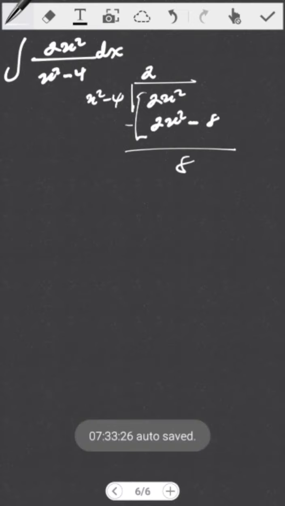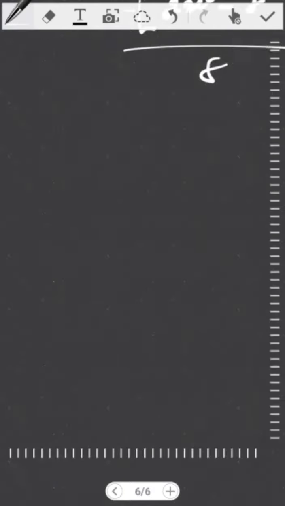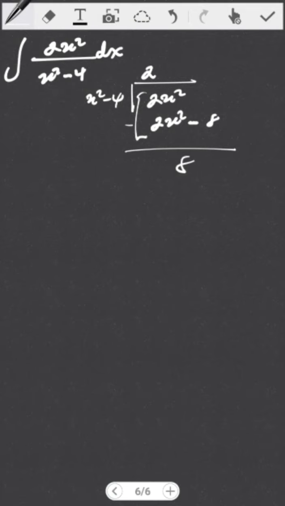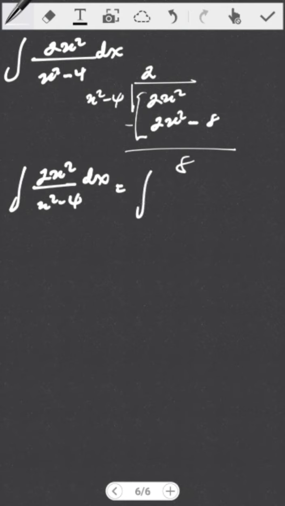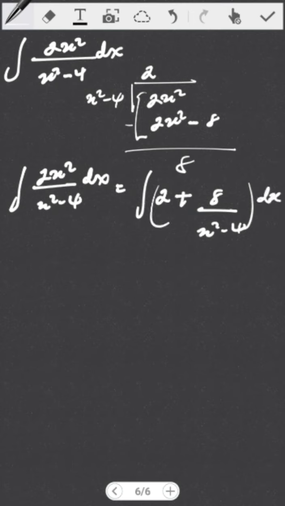So the integral of 2x squared all over x squared minus 4 dx is the same as the integral of 2 plus 8 out of x squared minus 4, all of it dx.